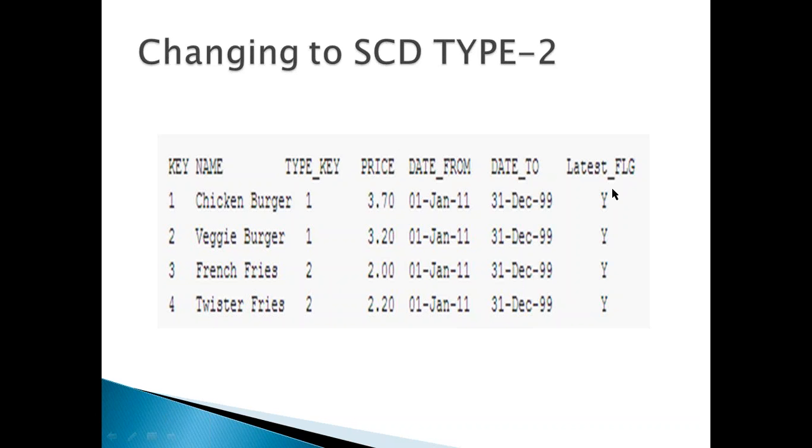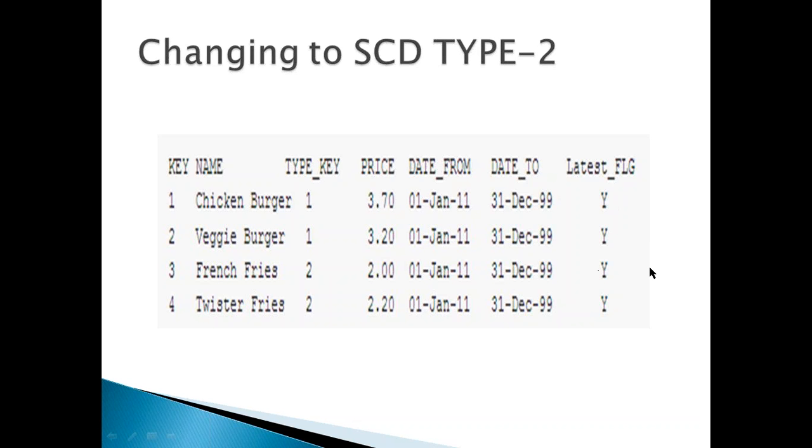Now what is the latest flag? When you start appending your data, you need to know which record is active now. So as soon as you see a table, you need to get the records that are active, or you need to pull the data from your table for which your records are active, then what you can do is you can take the help of latest flag. Your latest flag will help you to understand which record is active. Y is nothing but your record is active.